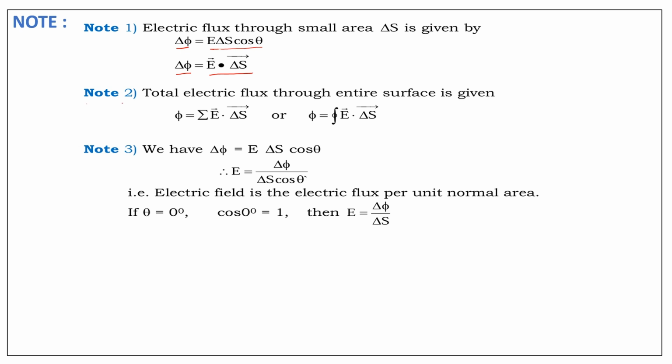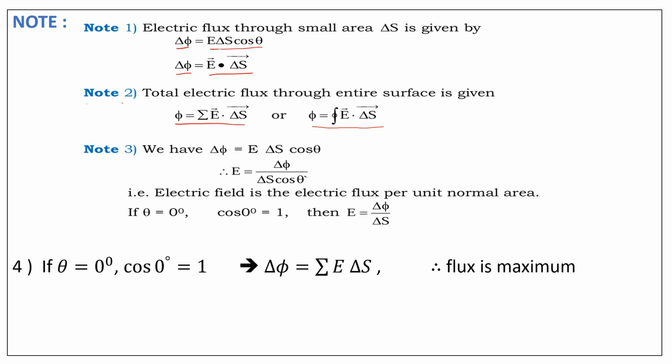Total electric flux through the entire surface is given by phi is equal to summation of vector E dot delta S, or phi is equal to the integral of E dot dS. 3. We have delta phi is equal to E delta S cos theta. Therefore, E is equal to delta phi by delta S cos theta. That is, electric field is the electric flux per unit normal area.